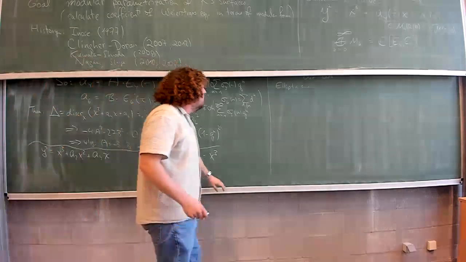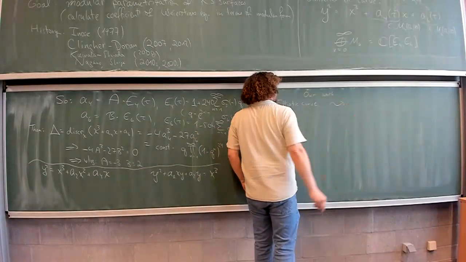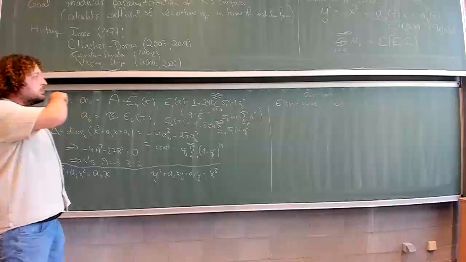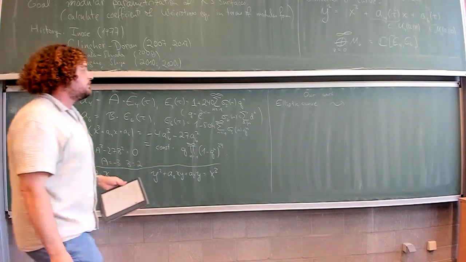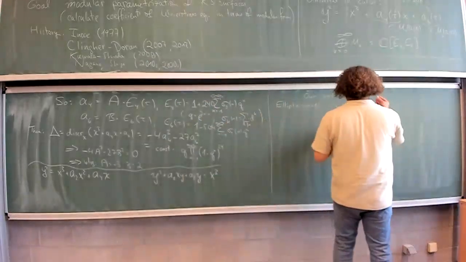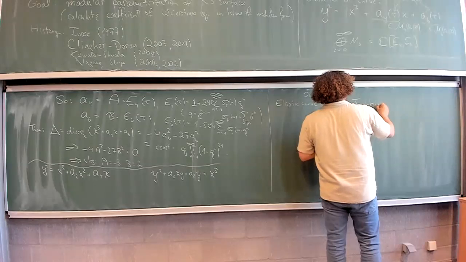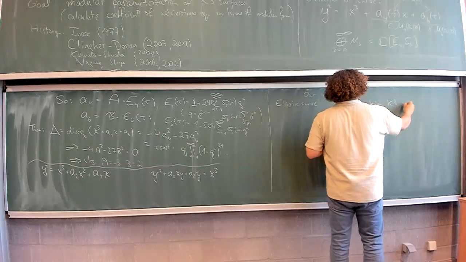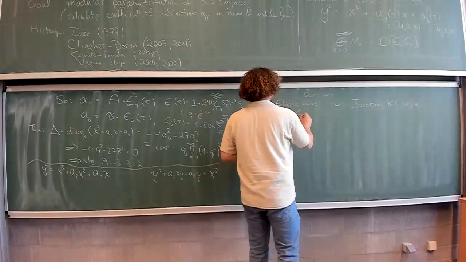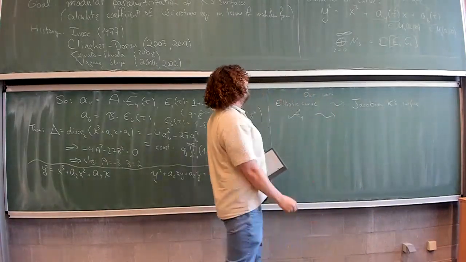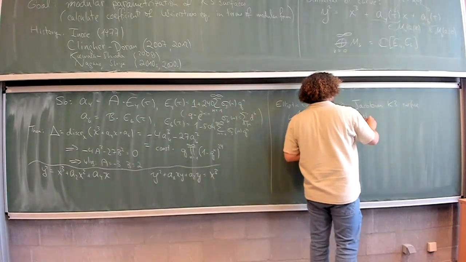Anyway, so we tried to do an analog of this, but instead of an elliptic curve, we have a Jacobian K3 surface. This modular space A1 is replaced by the orthogonal modular variety.